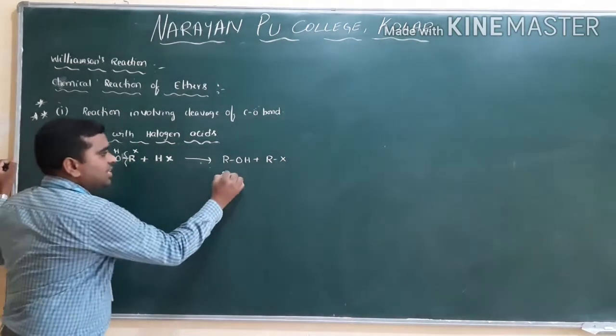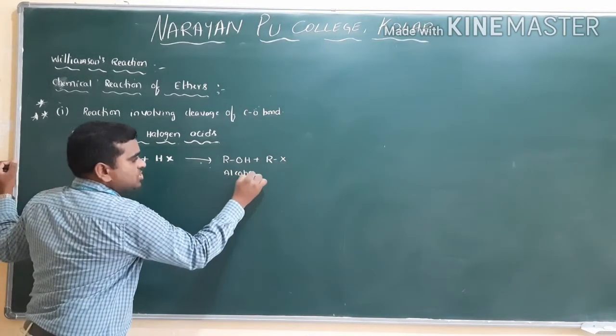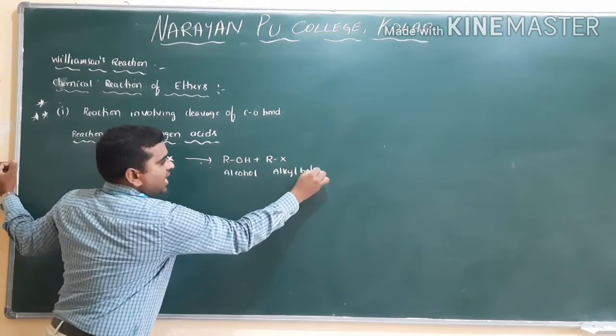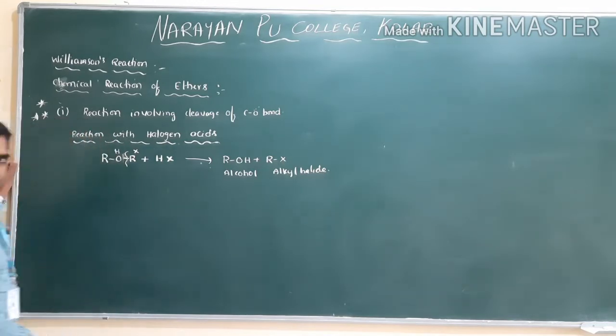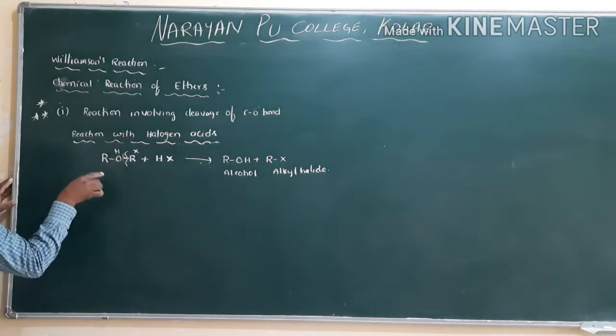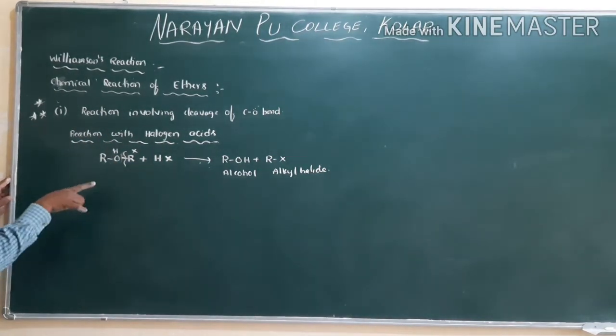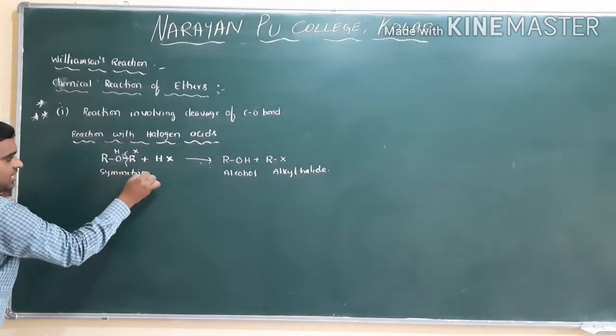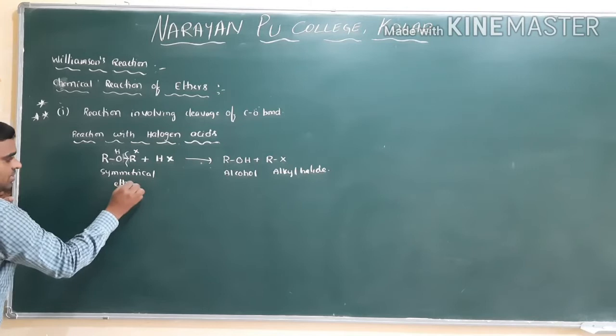What are the products here? Alcohols and alkyl halides. This is when it is a symmetrical ether only.